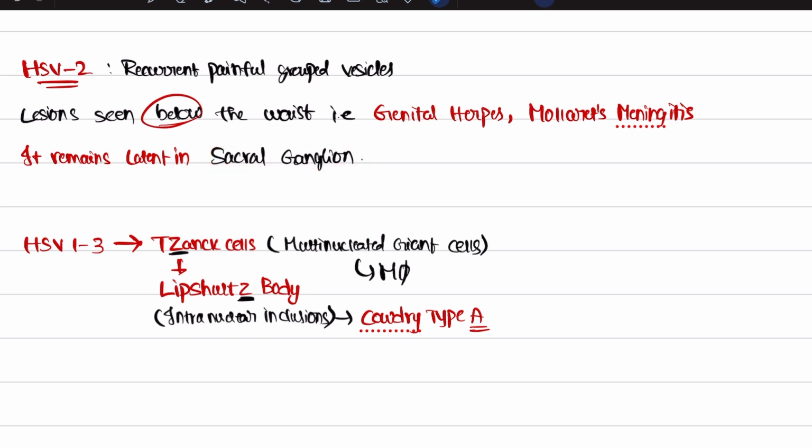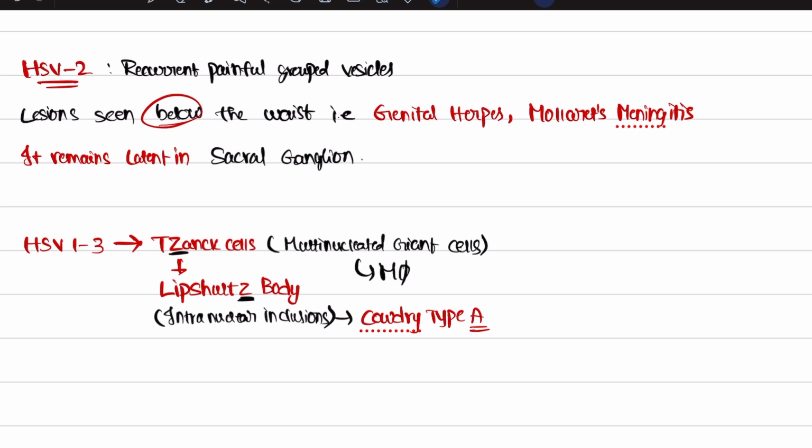Please remember this point. And whenever HSV type 1 to 3 comes into your mind, you try to think about Tzanck cells. Whenever you take the scrapings from the vesicles, you are going to see Tzanck cells. What are the Tzanck cells? Nothing but multinucleated giant cells. And you can also see Lipschutz body. Lipschutz body is nothing but intranuclear inclusions.